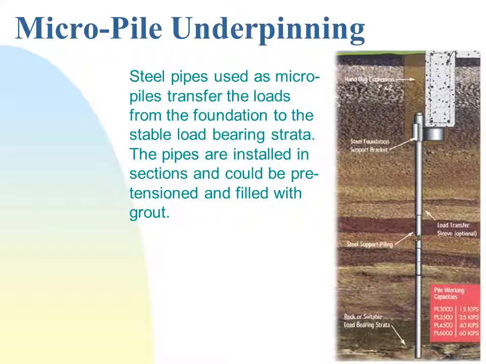The fifth option is micropile underpinning. It's very similar to what we did before, using the neighboring steel pile and having a bracket. Now instead of having a steel section, I'll get a micropile.